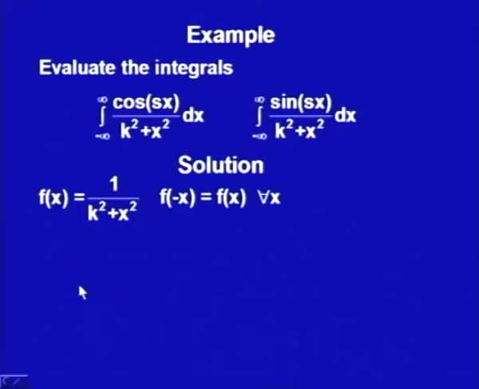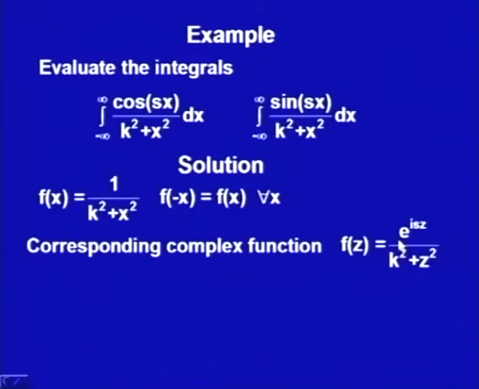So, let us apply our method. The function we would require is e to the power I s z upon k square plus z square, and we would need to see the poles of this function in the upper half plane, then calculate the residues and use the result which we had obtained: the integral from minus infinity to plus infinity of f x e to the power I t x dx would be 2 pi I times the summation of the residues of this function, where the summation is over all the poles in the upper half plane.